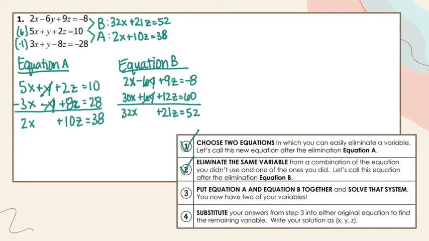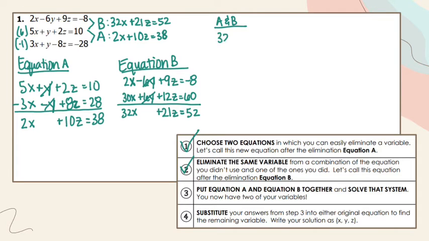That way you're only using one method the whole time and you don't have to get confused about it. So here's going to be the work for A and B together to solve that system of equations. I'm going to leave B as it is, and I'm going to change A. I'm going to multiply it by -16 because that'll get rid of the x's.